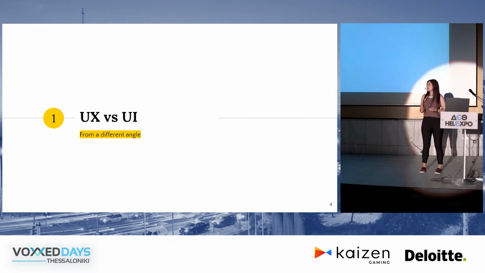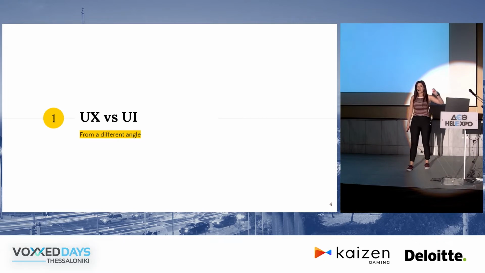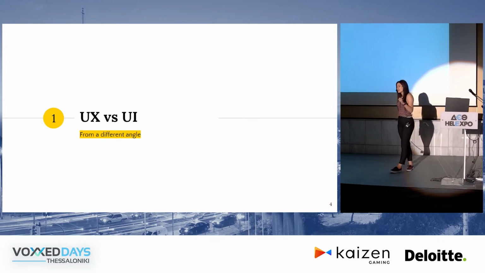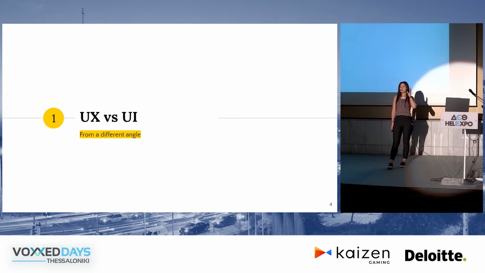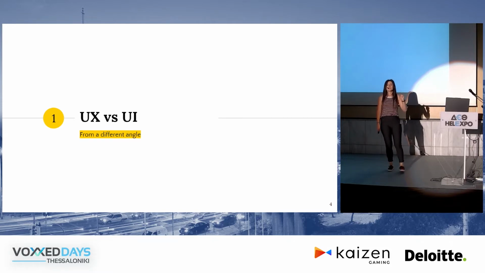First, UX and UI. UX stands for user experience and UI, as I said, for user interface. Now, you may read an article or see a tutorial about what these are, but I'm afraid that most of them do a poor job explaining these terms because they see things only from one perspective, and that's usually the perspective of the user.